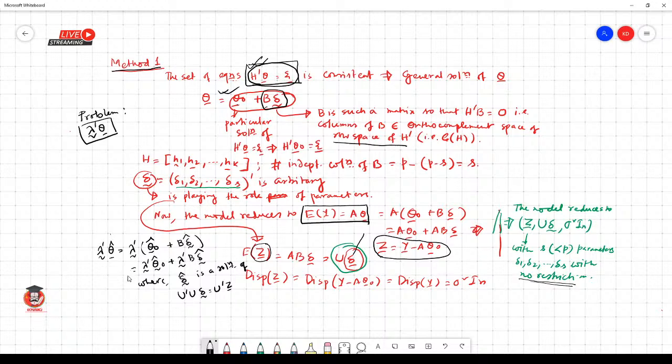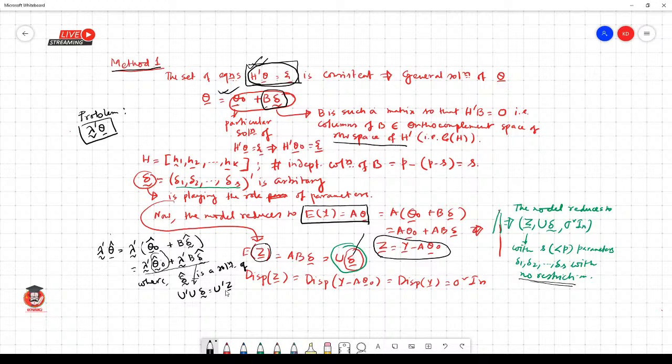And in that case lambda curl prime theta curl is written as this, and you see that this is estimable because lambda curl prime theta curl, if you replace this theta curl hat by theta naught curl hat plus B delta curl hat, then you see that this is nothing but lambda curl prime theta naught curl hat plus lambda curl prime B delta curl hat, because theta naught curl hat is a particular solution, and delta curl hat you obtain from this equation U curl prime U curl delta curl equals U curl prime z curl.